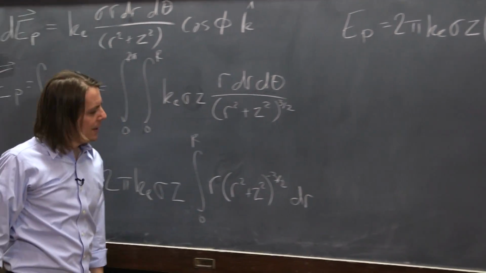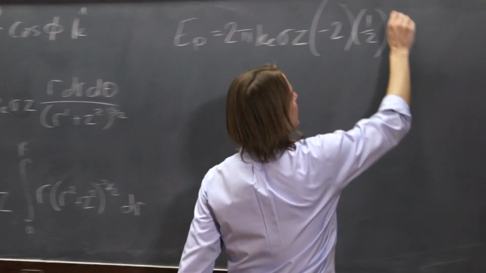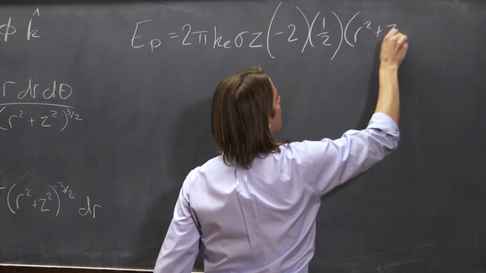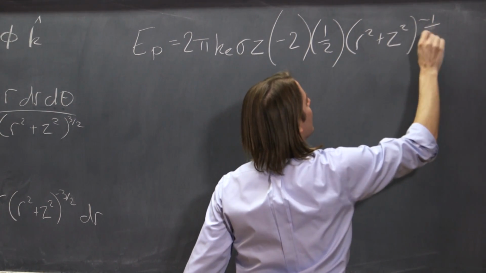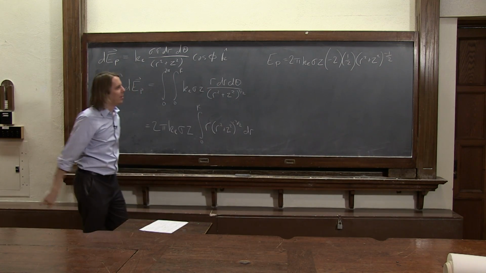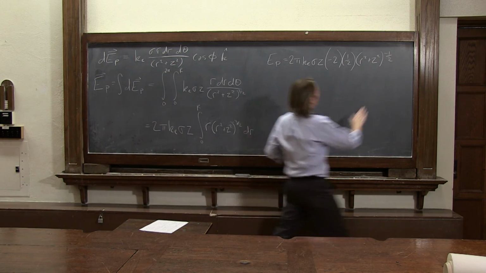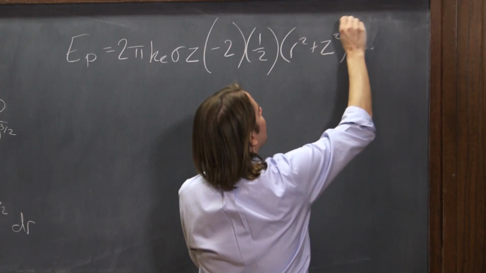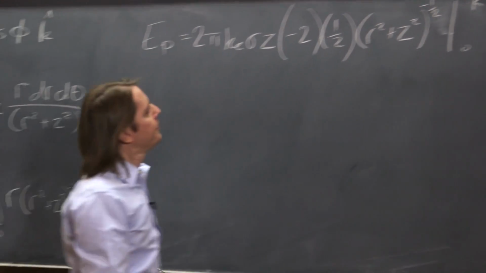And then it becomes r squared plus z squared to the minus 1/2. I like doing these integrals better writing it out this way than having the square root things in the bottom. It just depends on how you want to do it. And that's evaluated from 0 to R.